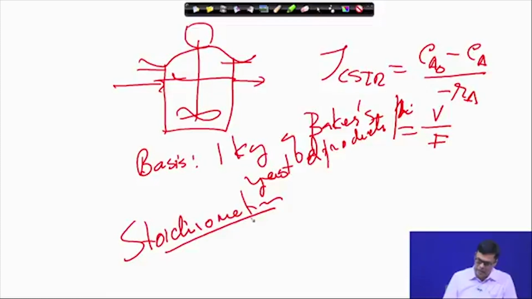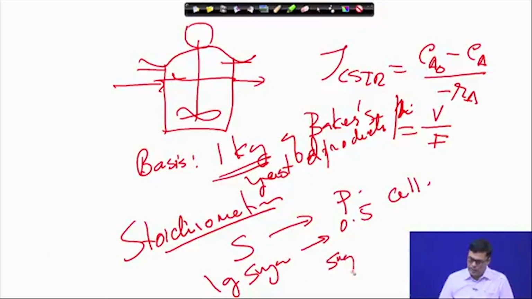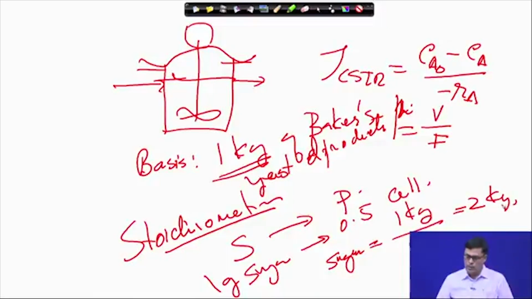What is stoichiometry? That is how much substrate gives how much product. In case of Baker's yeast, suppose you use sugar as a raw material. So 1 gram of sugar produces approximately 0.5 gram of cell. So for 1 kg of Baker's yeast, how much sugar is required? This is 1 kg divided by 0.5, which is equal to 2 kg. Am I right?